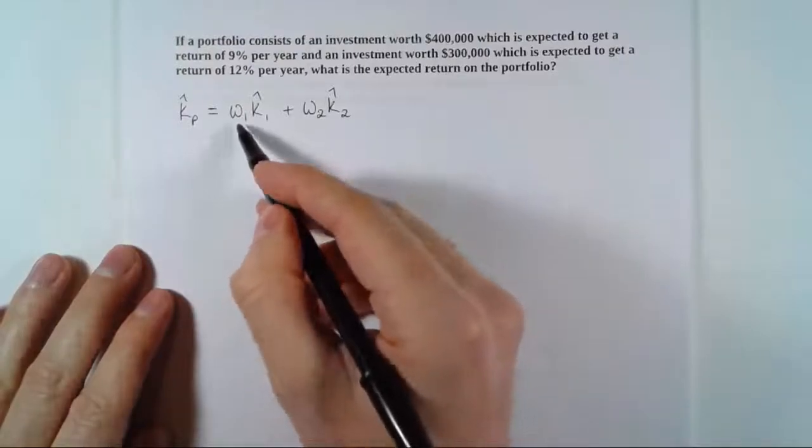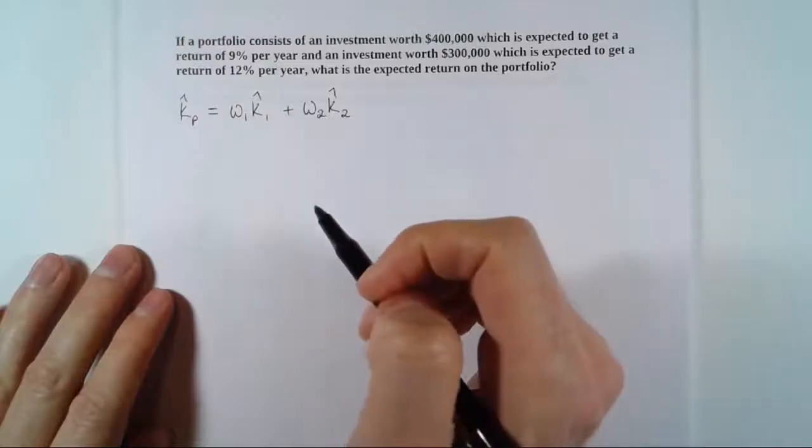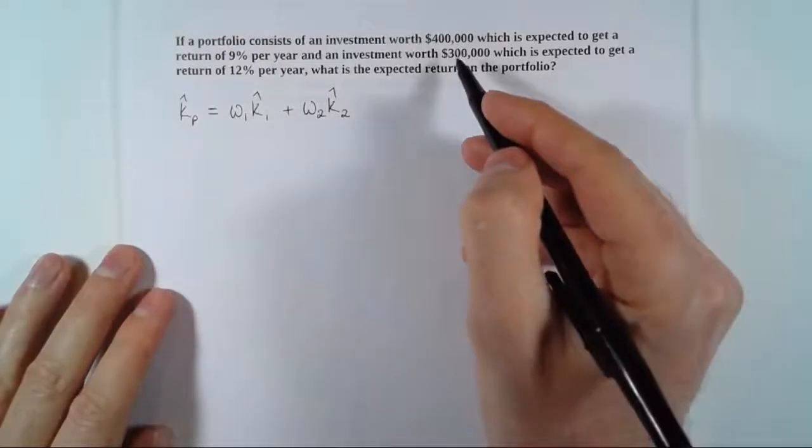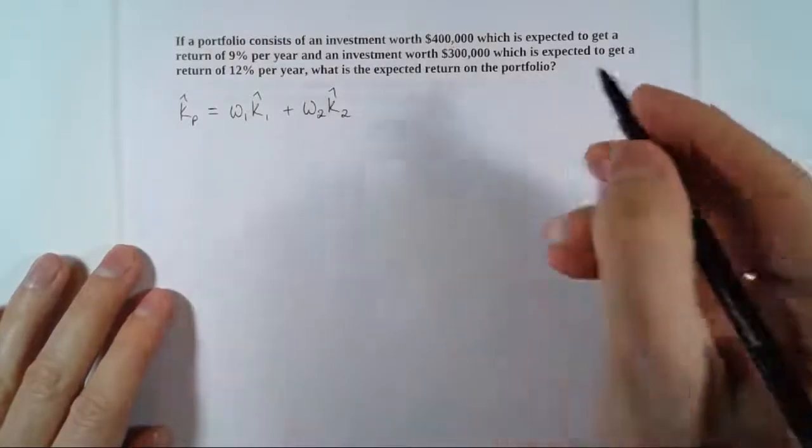So now what we need to find is the weights, or the proportions of the money invested in each particular thing. So if we're going to call this first investment here with the $400,000, we'll call that investment 1.